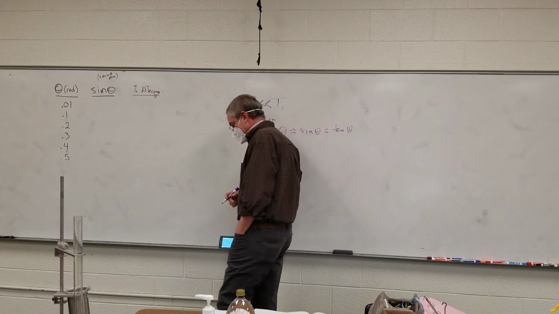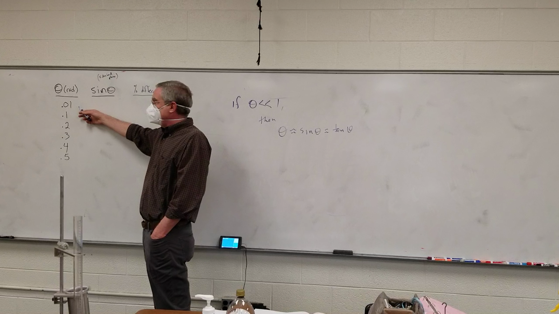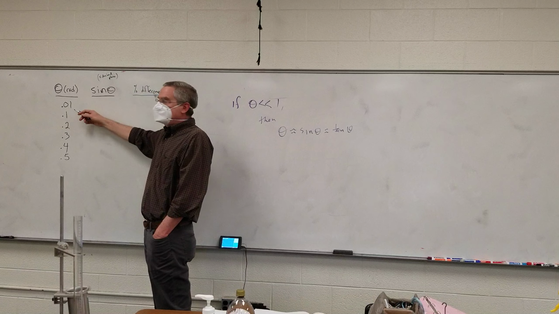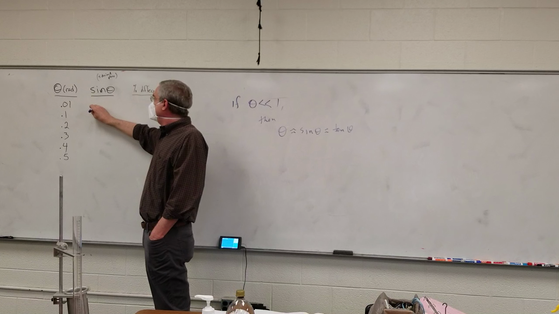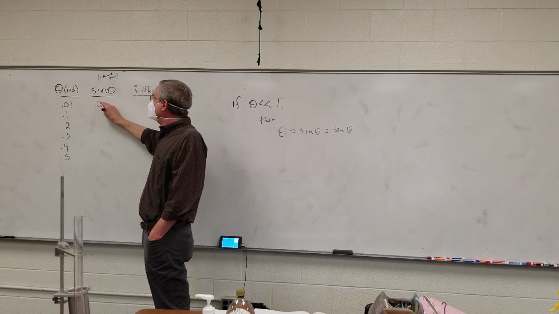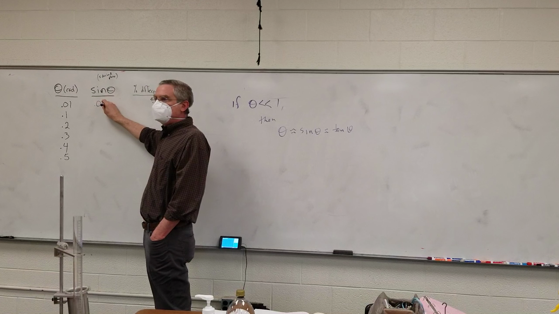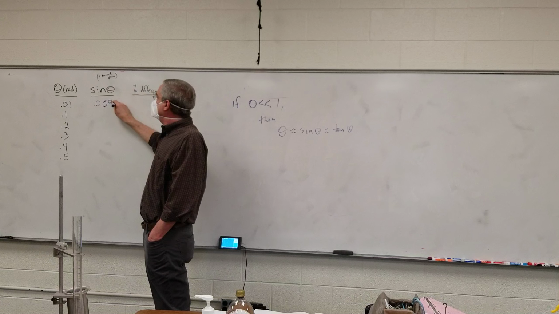To start out with your calculator, make sure it's in radians. What's the sine of 0.01? 0.009. Give me 2 more decimal places. 999.